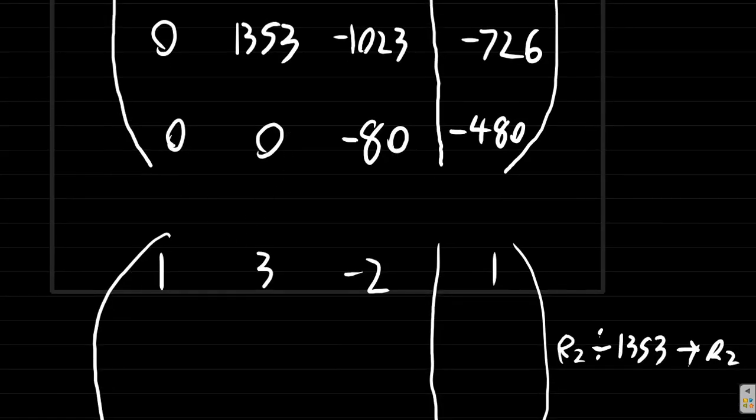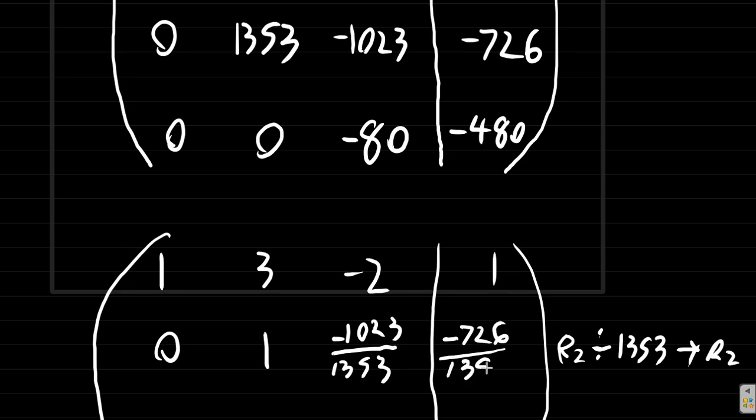So 0 over 1353 is just 0. 1353 over 1353 is 1. Then negative 1023 over 1353, and then you have your negative 726 over 1353.